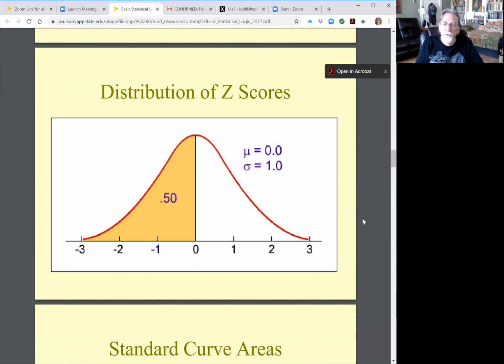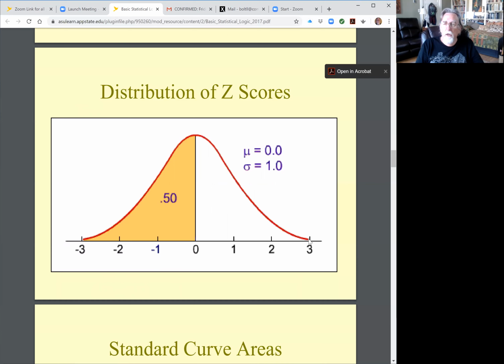The legend at the bottom represents 1 standard deviation unit. So we start at the mean with 0, we go up 1 standard deviation unit, up 2 standard deviation units, up 3, and so forth. We go down -1, -2, -3, and so forth. Now, theoretically, this curve never meets the axis.